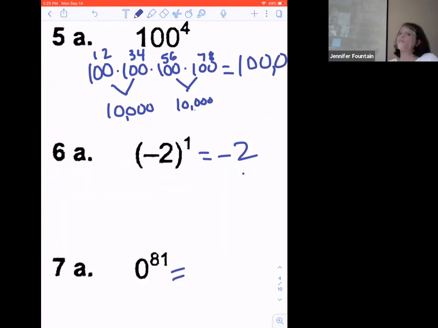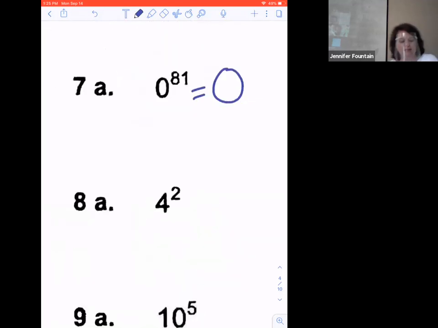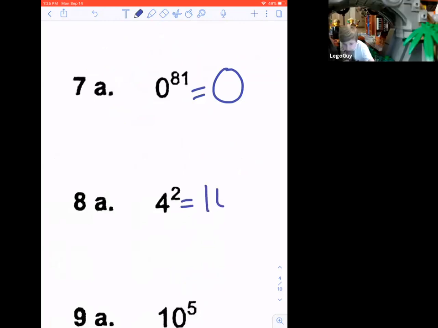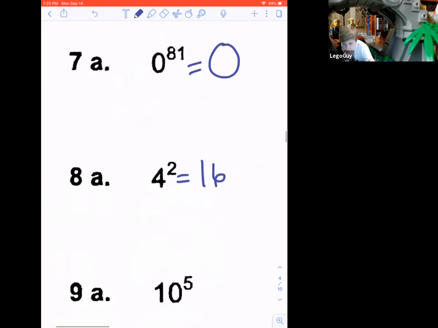So what is 0 to the 81st power? 0. Oh, that 0 had a tail. Well, that one does too. Now, all right. 8A. 4 squared equals 16. 4 times 4 is 16.